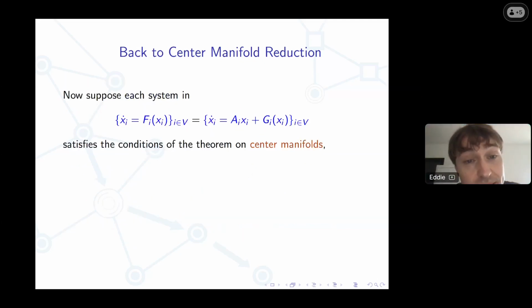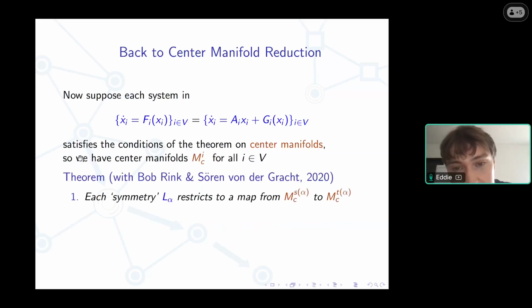So now suppose each system in this family of ODEs satisfies the conditions of our previous theorem on center manifolds, so that we can speak of the center manifold. Then we have center manifolds for each ODE, so for each vertex. And then the big theorem is that each of these symmetry maps of the quiver representation restricts to a map from the right center manifold to the right center manifold.